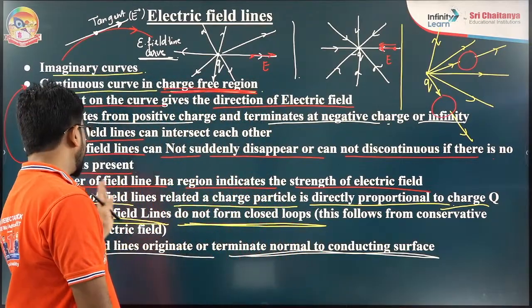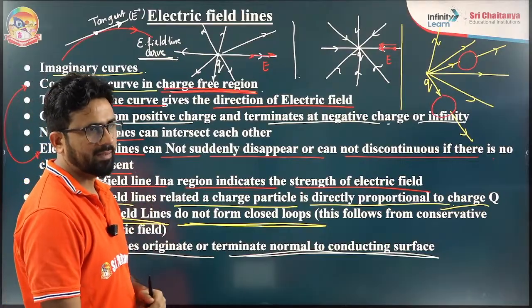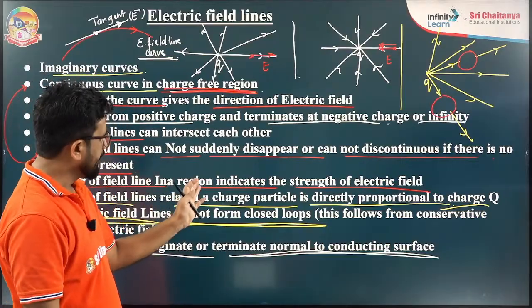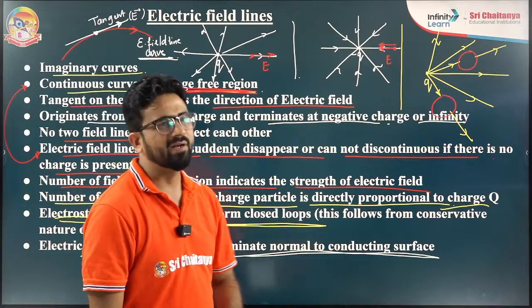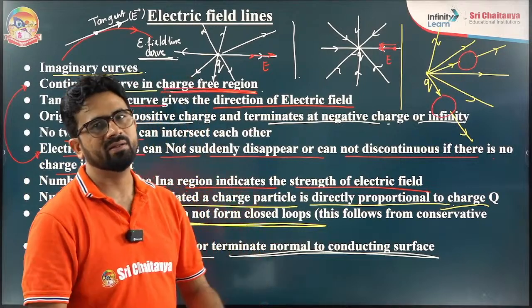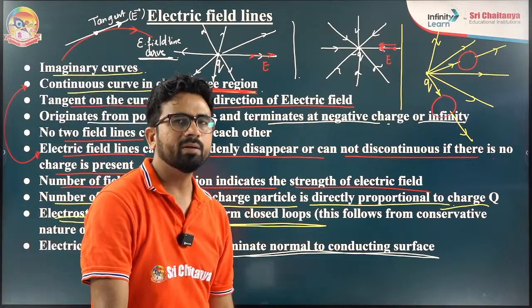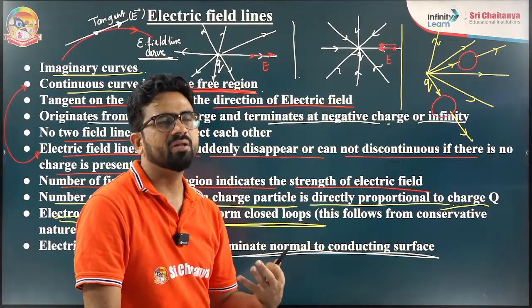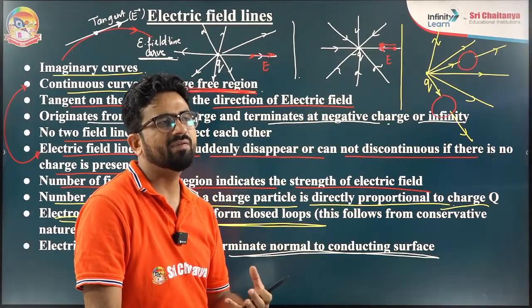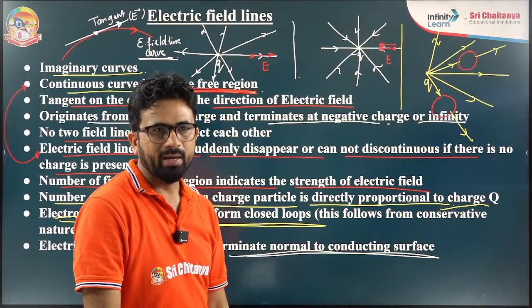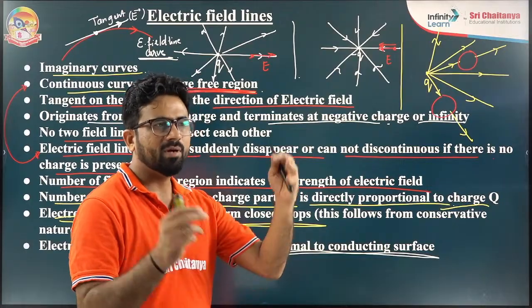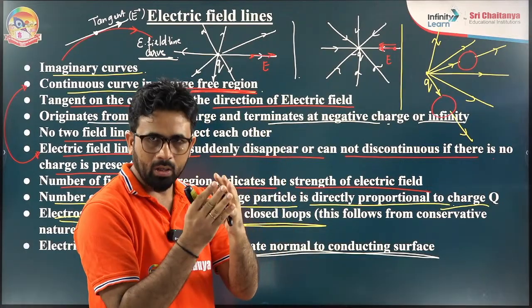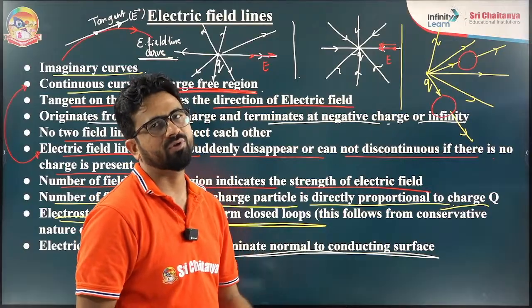So what I am saying is, the number of field lines in a region indicates the strength of the field. If the number of field lines in a region is more, the electric field is stronger there. More field line intensity in a region means a stronger field.